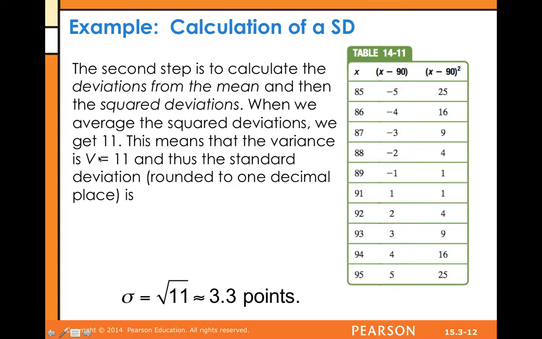So this V here is the average of this list. If you average all of these numbers, you get 11. Once you've averaged these numbers, you take the square root of the result. So we got a V value of 11. The final thing we get here, the SD or the sigma, you can use either letter, is 3.3 or so.